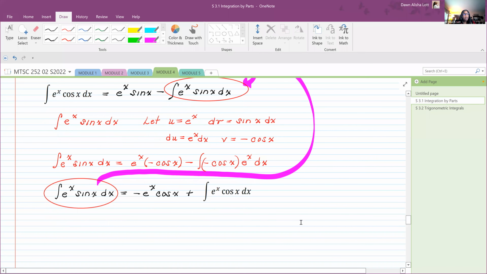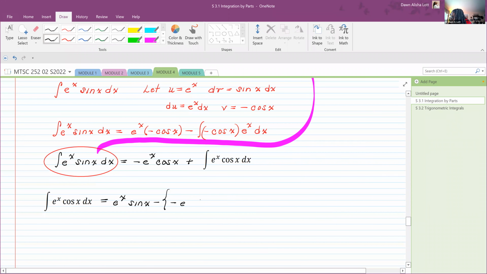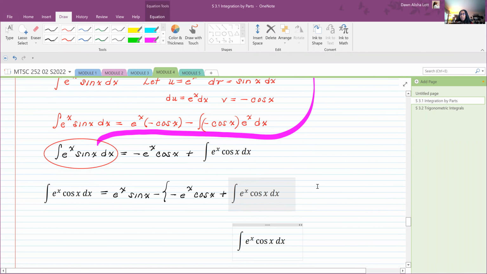So my original problem, the integral of e to the x cosine x dx is equal to e to the x sine x minus what I get for here, which is negative e to the x cosine x plus the integral of e to the x cosine x dx.